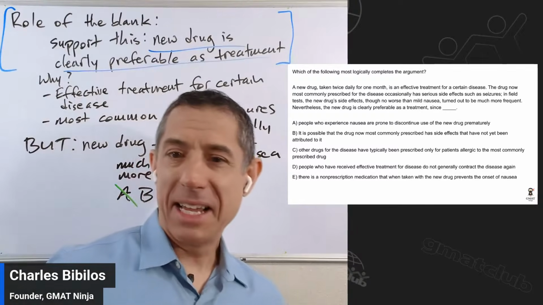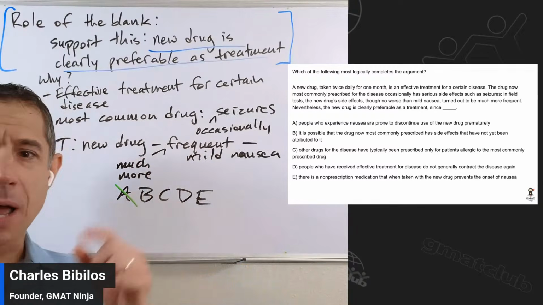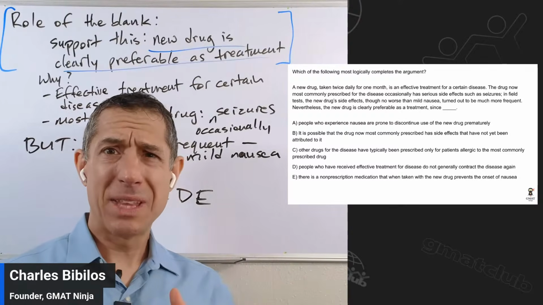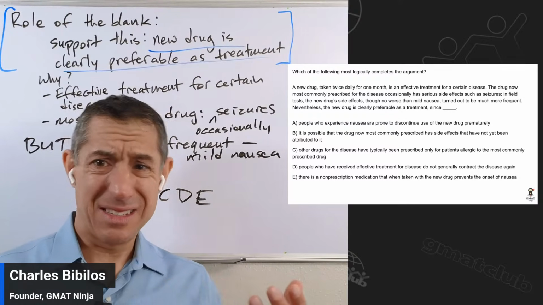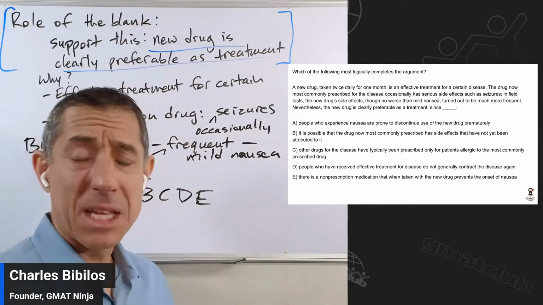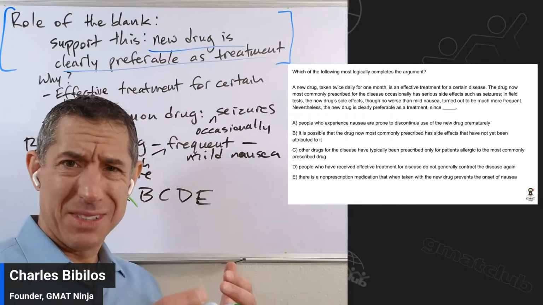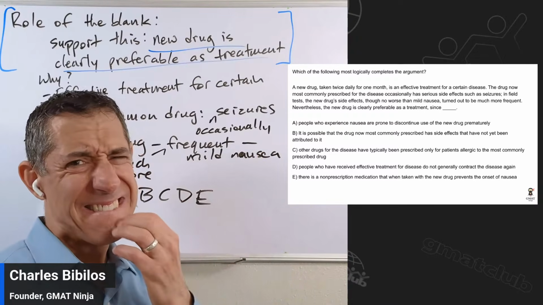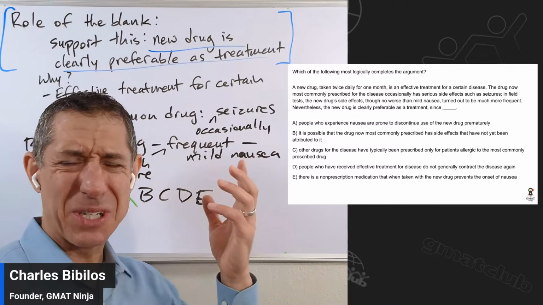B, it is possible that the drug now most commonly prescribed has side effects that have not yet been attributed to it. Well, you could argue this is tempting, right? That it is possible that the existing drug has other side effects? I mean, is this really going to strengthen the idea that we should use the new drug?